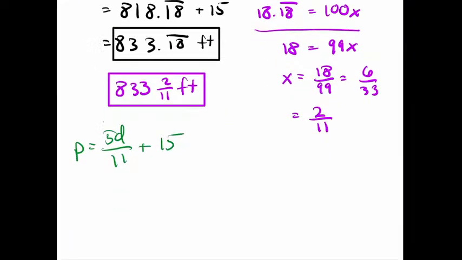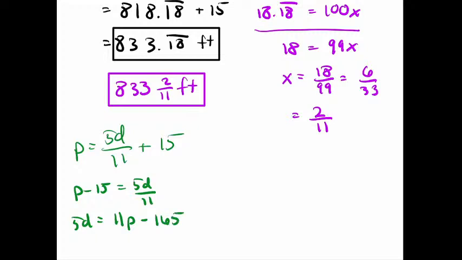right? If we solve for D, yeah, for instance, if you subtract 15 from both sides, you get P minus 15 equals 5D. Sorry, 5D over 11. If you multiply both sides by 11, you'll get 5D equals 11p minus 150 plus 15, 165.